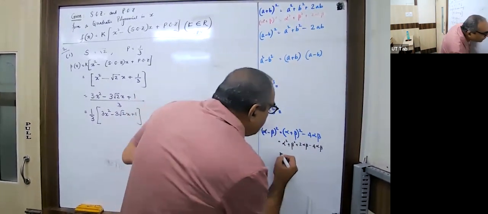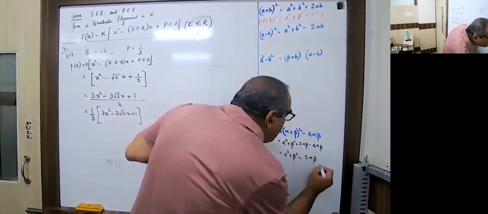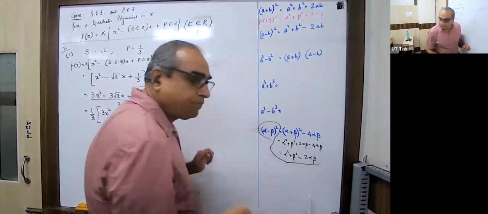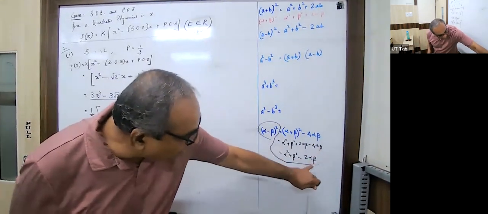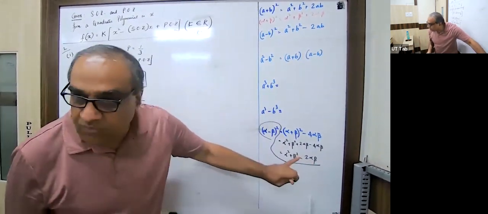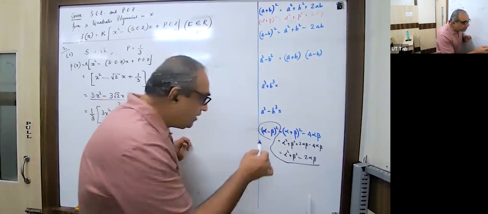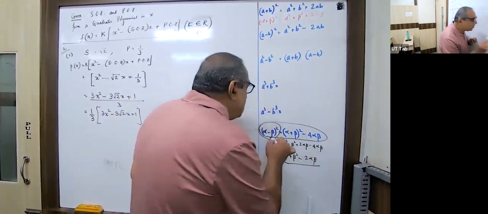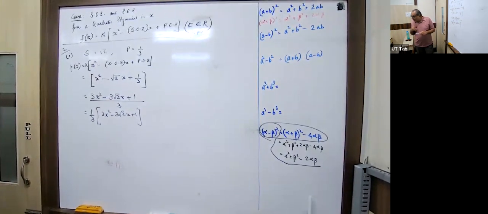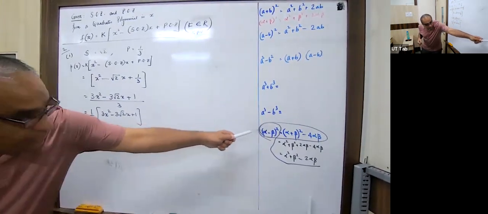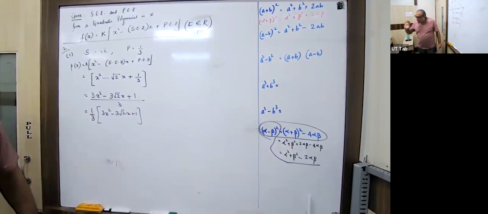Now a squared plus b squared minus 2ab, that is the formula. 2 alpha beta minus 4 alpha beta is minus 2 alpha beta, which is the formula of a minus b the whole square. So I have learned this formula. Now if I have to find out alpha minus beta, I will use this, because I only know the values of alpha plus beta and alpha into beta.